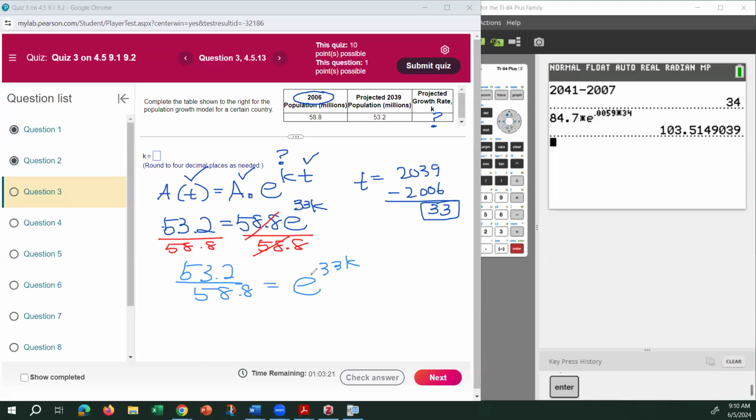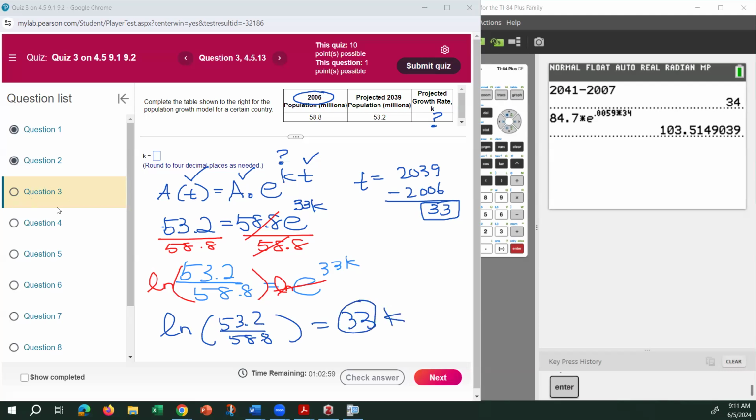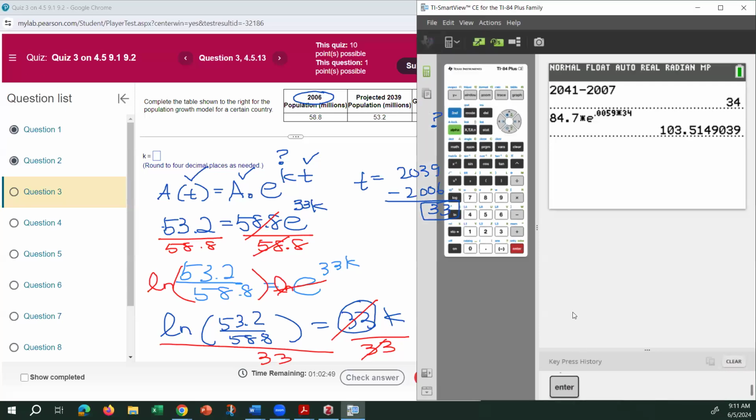And then to cancel the e, we have to take the ln of both sides. So ln of e is going to cancel out. And then we have ln of 53.2 over 58.8 equals 33K. So one more thing we need to do to cancel that 33 is divide both sides.